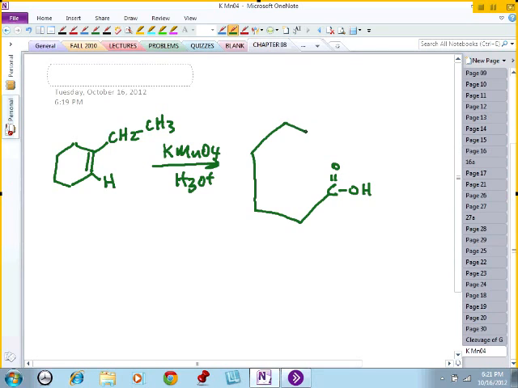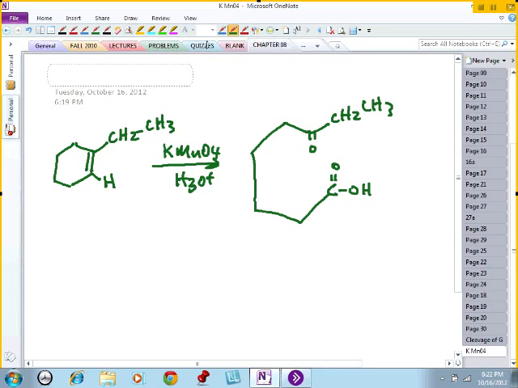Okay, does that look obvious to you? So in this case, we split this carbon-carbon double bond to a ketone and a carboxyl group. And that is because on this carbon here there is no hydrogen attached, so that becomes the carbonyl of a ketone.